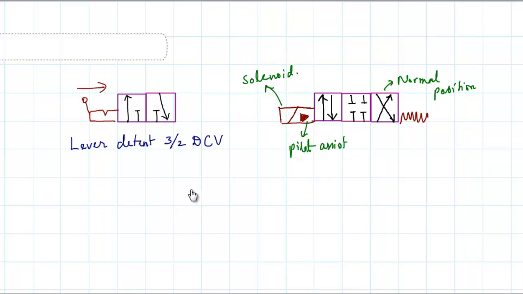What do you mean by pilot assisted? Pilot assisted means that this solenoid is attached to another hydraulic system which gives the required power to move this particular valve.